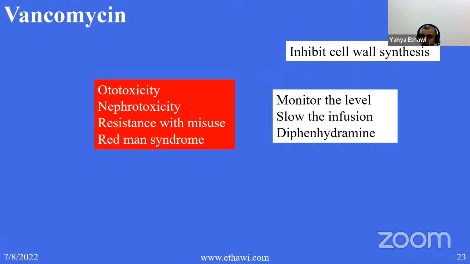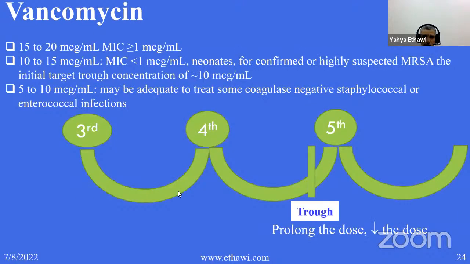We need to monitor the level, and usually I check the level before the 5th dose. It needs to be given very slowly, and if they develop side effects, we can use diphenhydramine to treat that side effect.